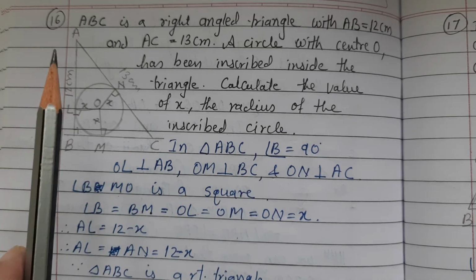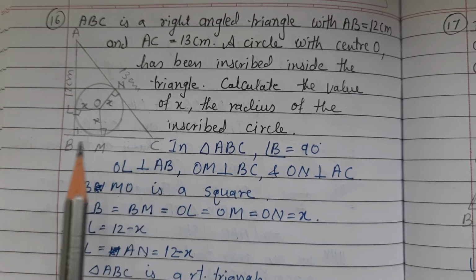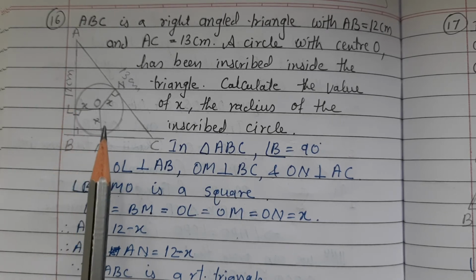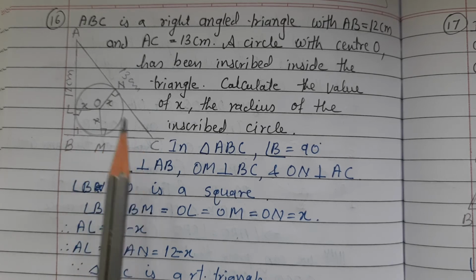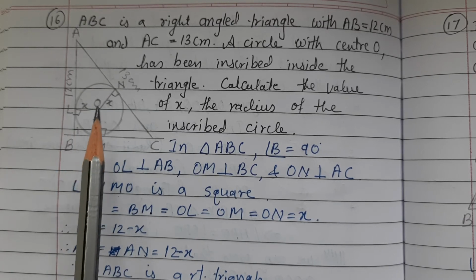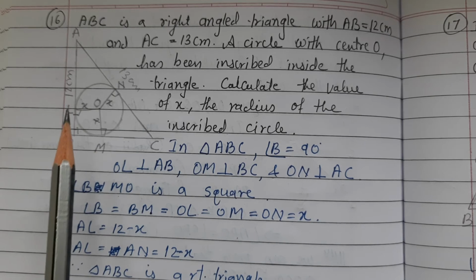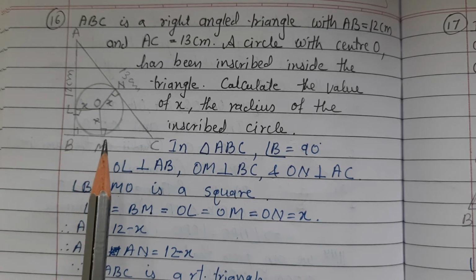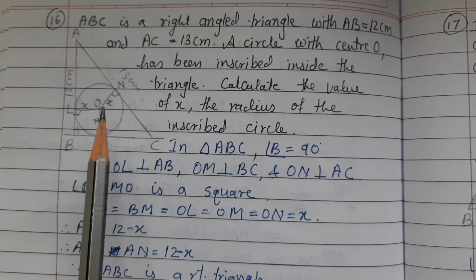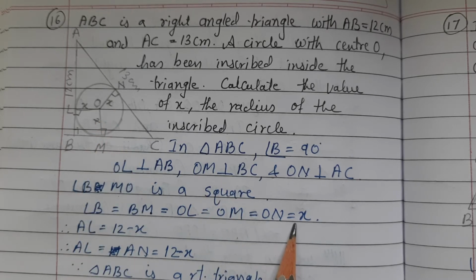In triangle ABC, angle B equal to 90 degrees, and OL is perpendicular to AB, OM is perpendicular to BC, ON is perpendicular to AC. LBMO is a square. Therefore, LB is equal to BM is equal to OL is equal to OM is equal to ON. Let that be x.